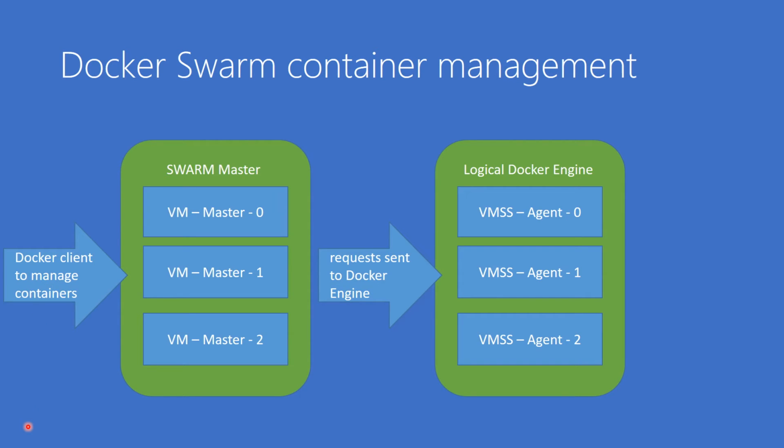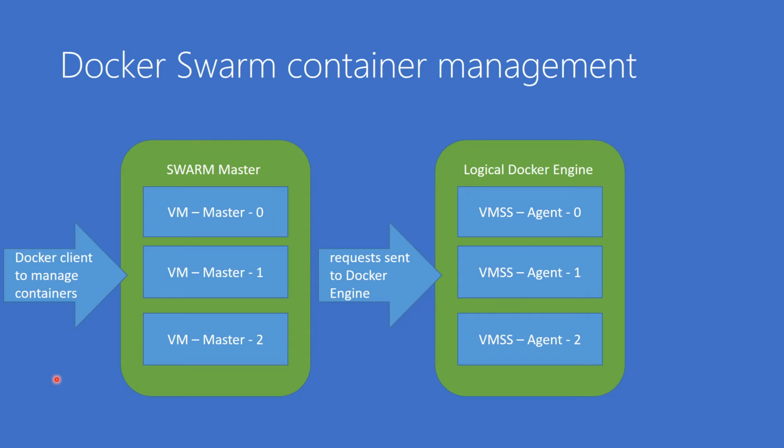So we can use various Docker clients to manage containers. The Docker client can run on Linux, and you can actually use a Docker client in one of the masters. You could use a remote Linux machine, that could be in Azure or a local machine.